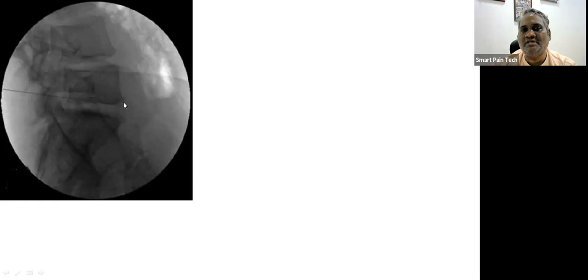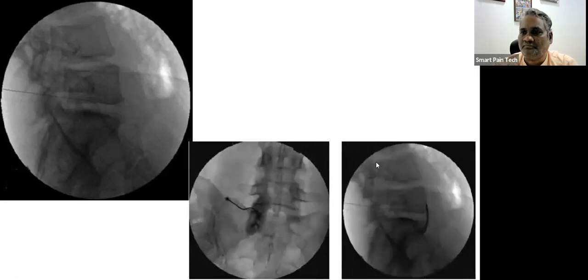Again, you have to be just anterior to the anterior border of your vertebral bodies, not more than 1 centimeter far away. Just within 1 centimeter is enough when you're performing this block.